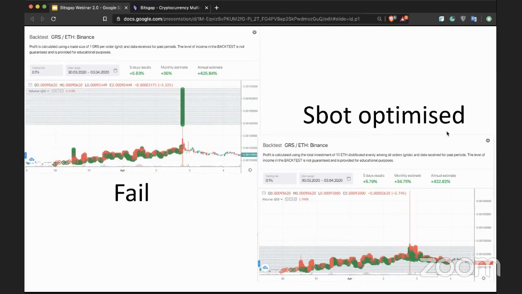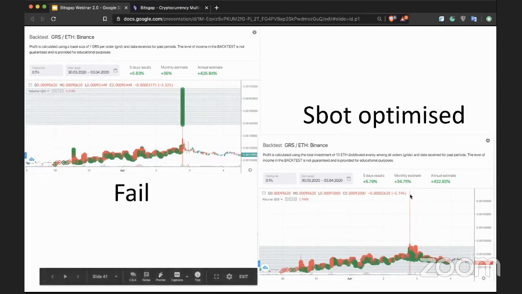But in case of the optimization, as the one SBot has, it avoids extreme pump scenarios.